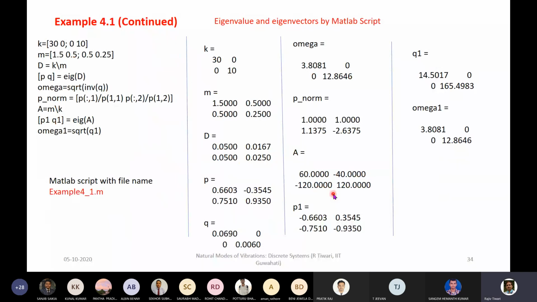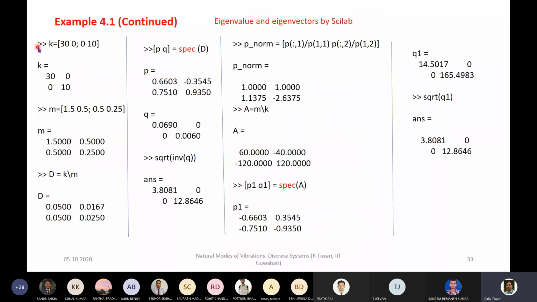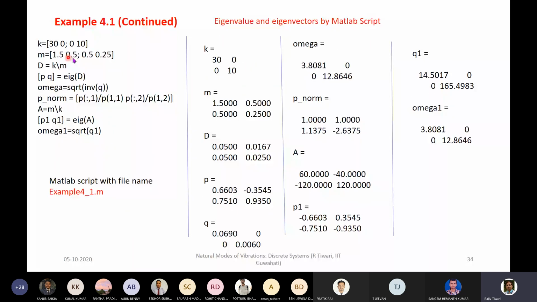And whatever operations I did in the command mode, if you type all the steps in a file and save the file with some name in Matlab, it should be the .m extension. If I run this directly, all the things will be executed sequentially, and you'll get these answers directly.